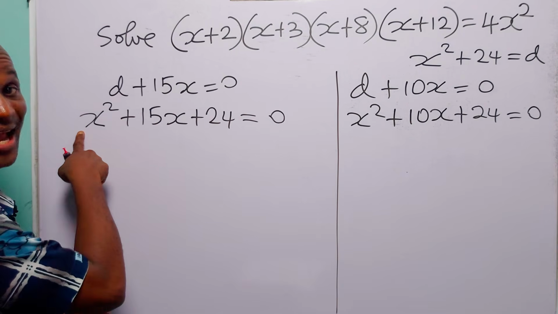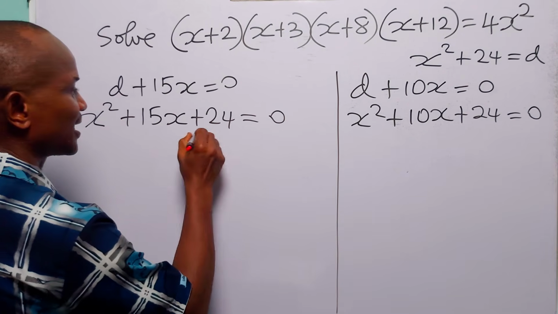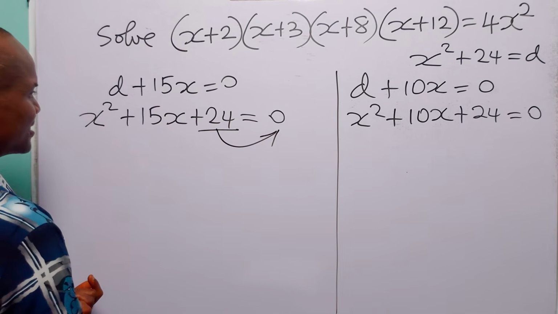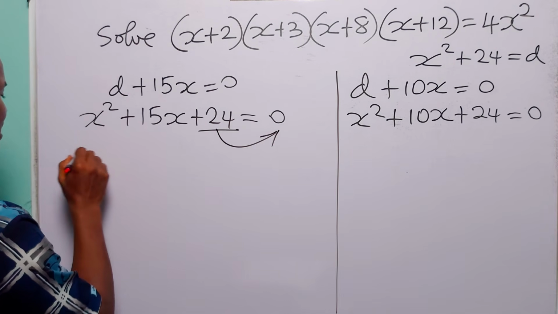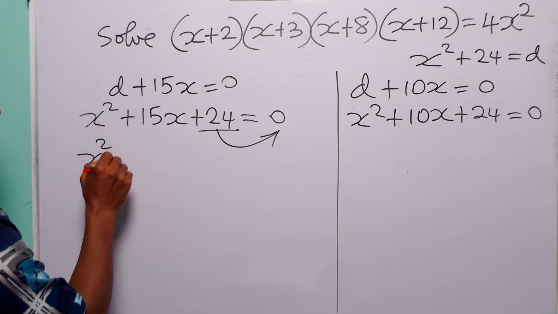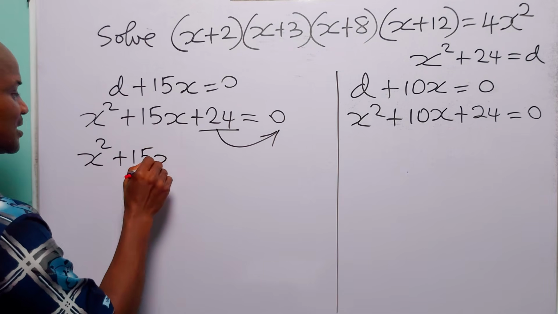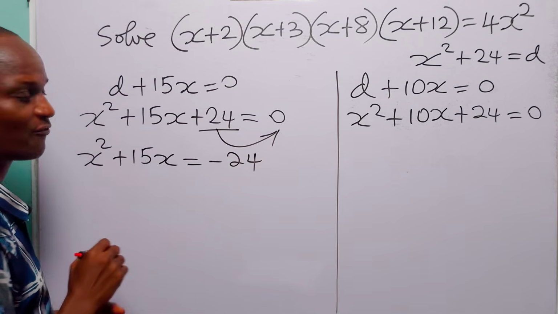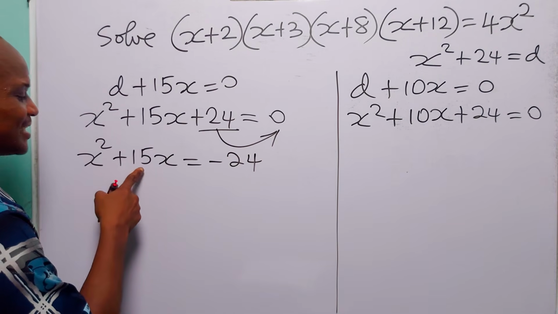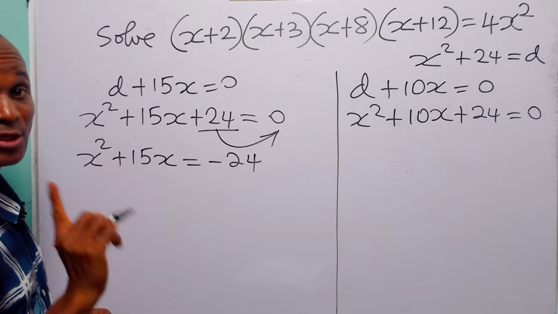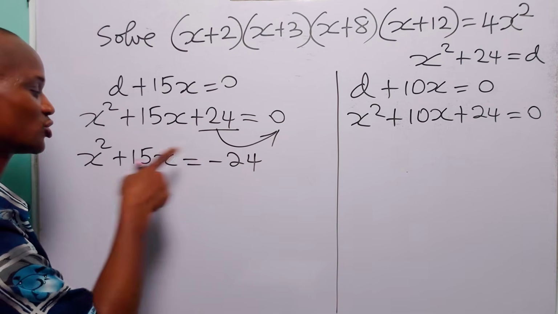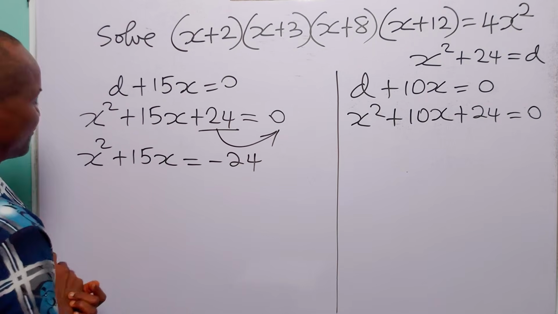The coefficient of x squared is 1. So the next thing we are going to do is to move the constant term over to the right-hand side. Now, when we do that, this equation becomes x squared plus 15x is equal to minus 24. Now, we divide the coefficient of x by 2, square it and add to both sides of the equation to complete the square on the left.